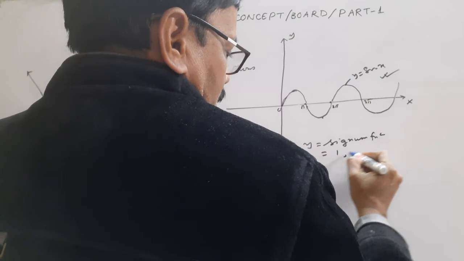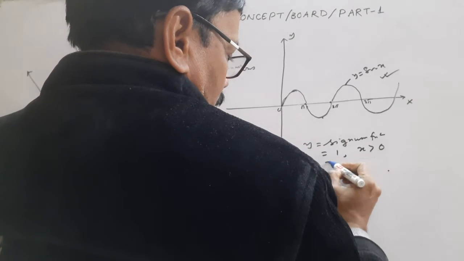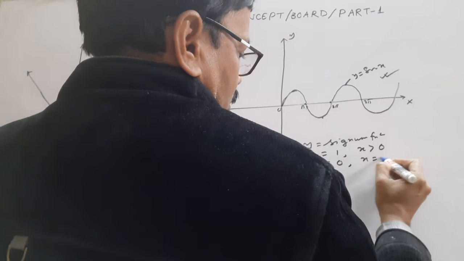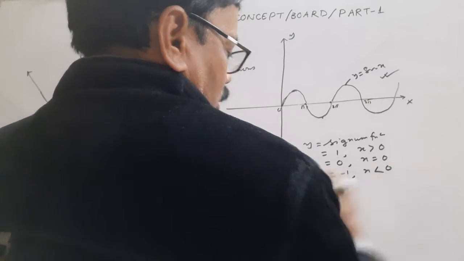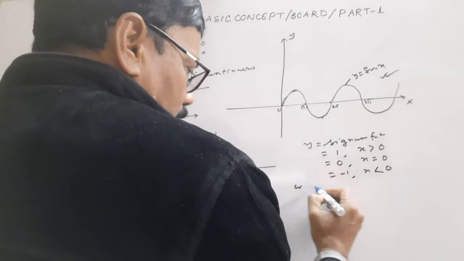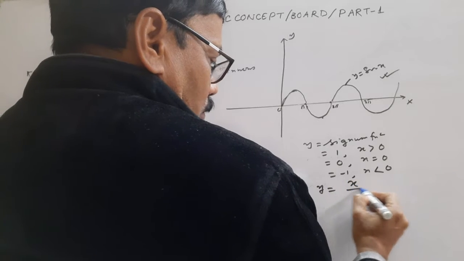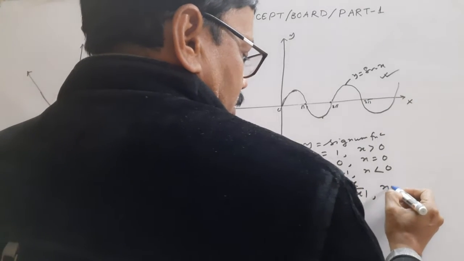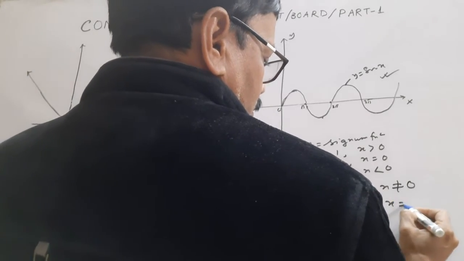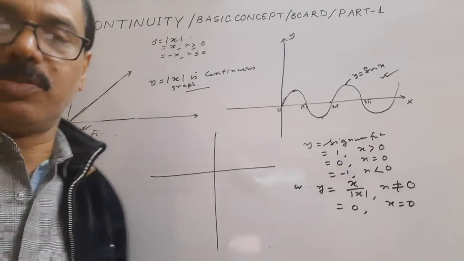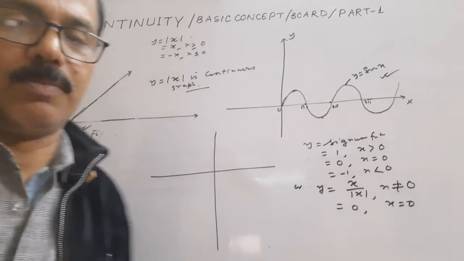So it is 1 for x greater than 0, it is 0 for x equals to 0, it is minus 1 for x less than 0. Or we can recall x by mod x for x not equals to 0, and 0 for x equals to 0. So this is the graph of the signum function.